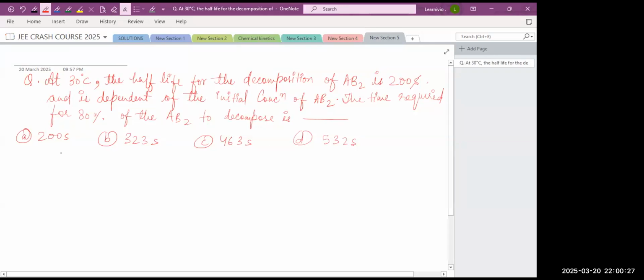The values of log are also given: log 2 is 0.34, log 3 is 0.48, and log 5 is 0.6989. Solve it and tell me the answer.